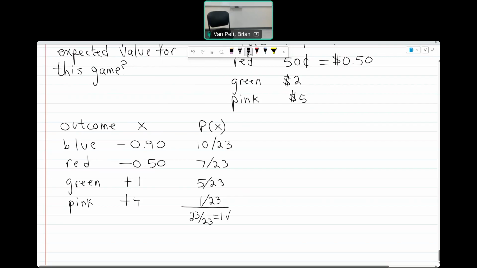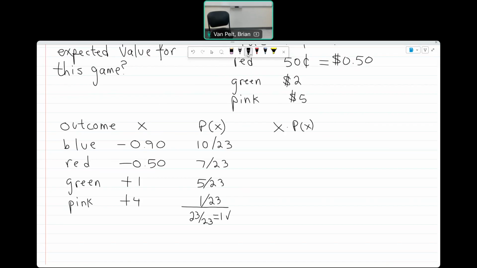Make sure that column adds up to 1. That way you know you've got all the cases. I'm just going to go all decimals on this last column. But basically, you know what this means, right?